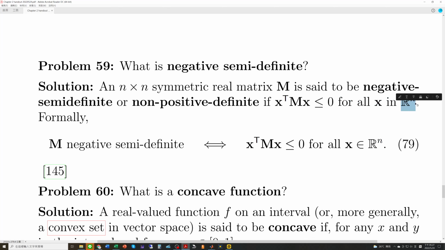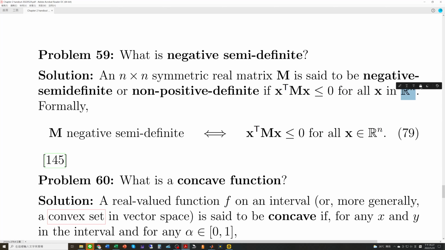Okay, do you remember what is the meaning of this symbol? Okay, so R to the power of n means the n-dimensional real vector space. Okay, formally, M is negative semi-definite if and only if X transpose times M times X is smaller than or equal to 0 for all X in R to the power of n.